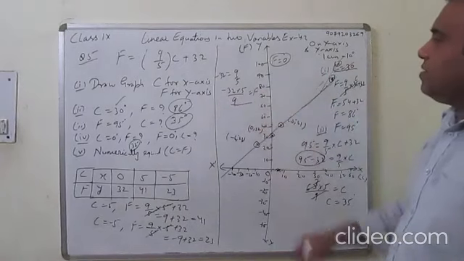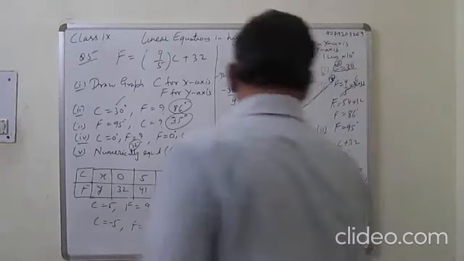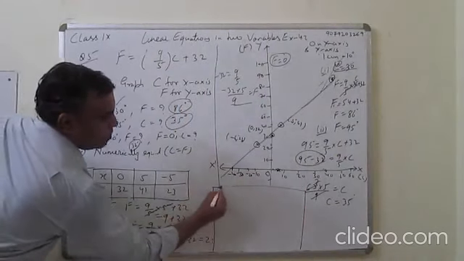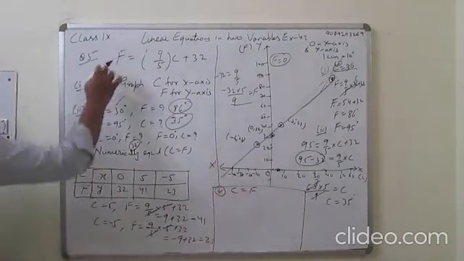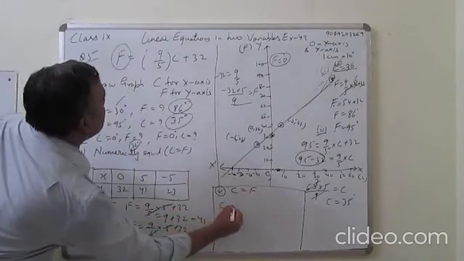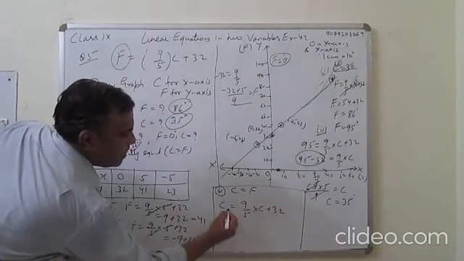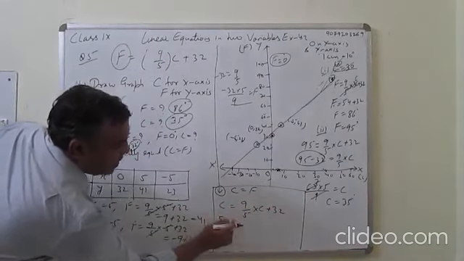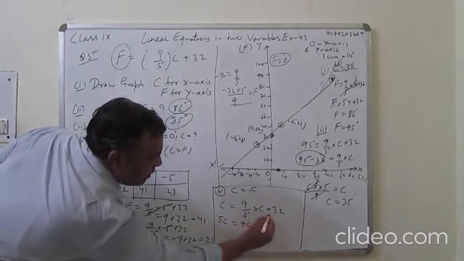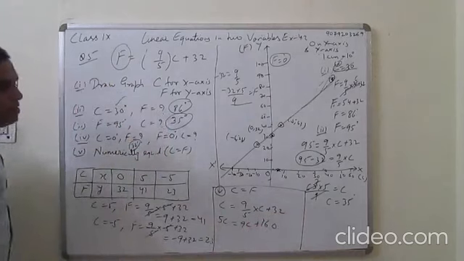Now C comes in negative. Now fifth point: when C is equal to F, now it is given to you C is equal to F. Instead of F, you put C. C is equal to 9 by 5 into C plus 32. क्रॉस मल्टीप्लाई 9 5, LCM ले लीजिए, तो 5C is equal to 9C plus 160.